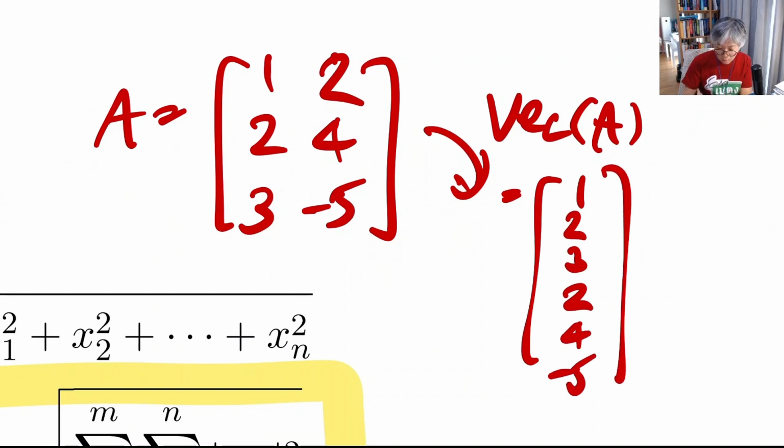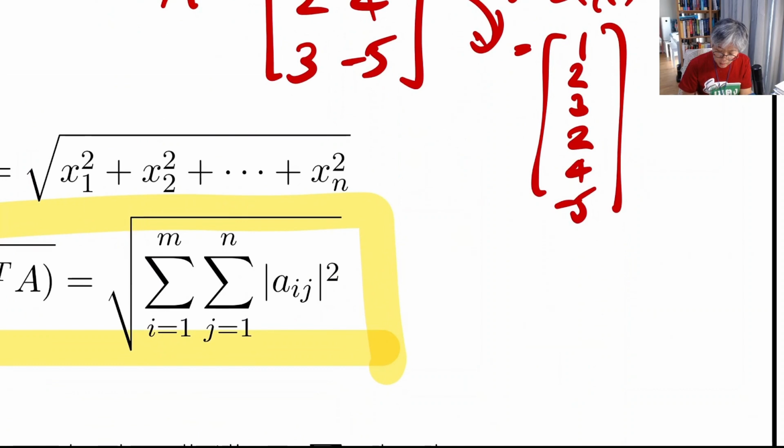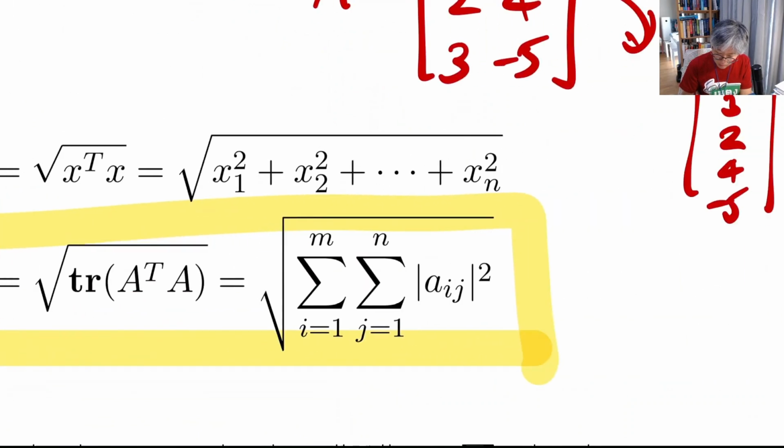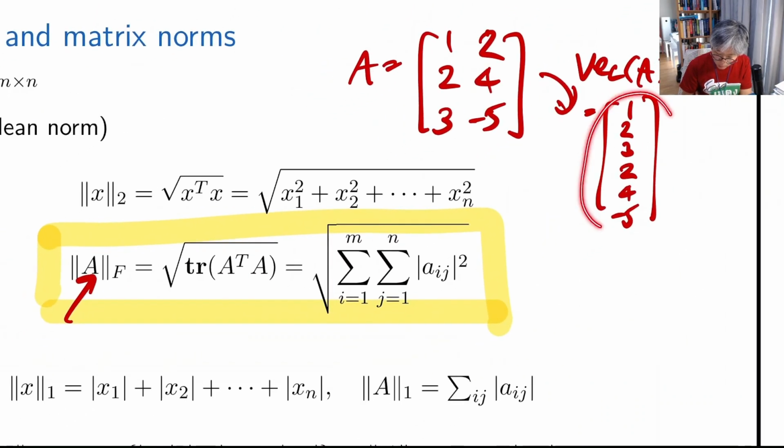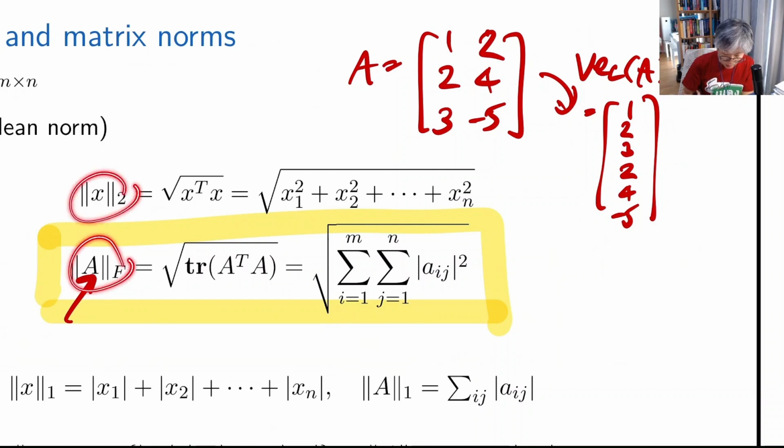Either you concatenate along the columns or along the rows, it doesn't matter. If you apply the Euclidean 2 norm to this vector, it's going to be the same as this formula. So this is just the generalization of how you define a matrix norm based on the 2 norm of a vector.